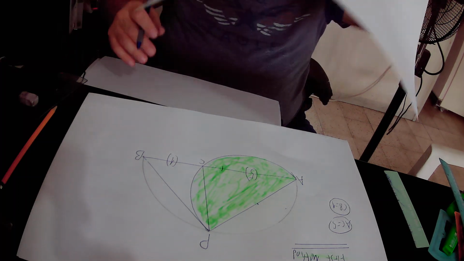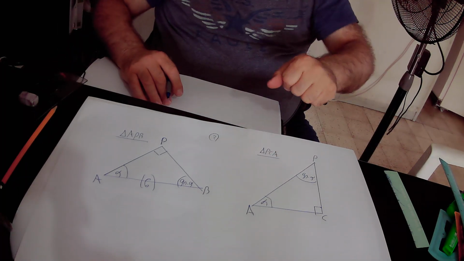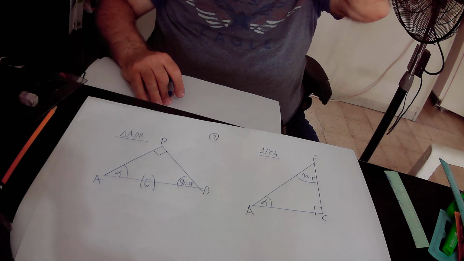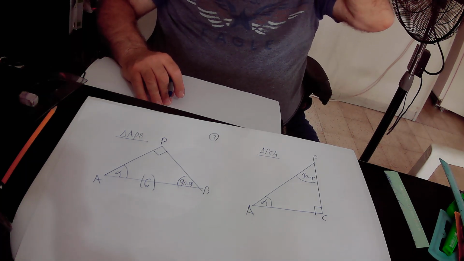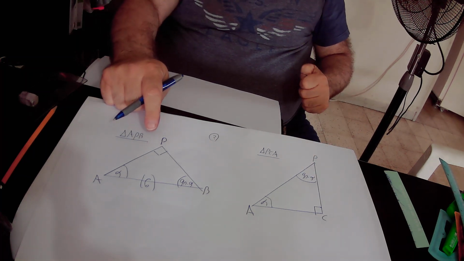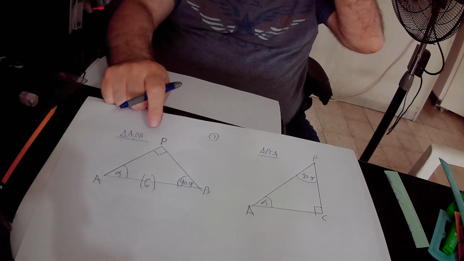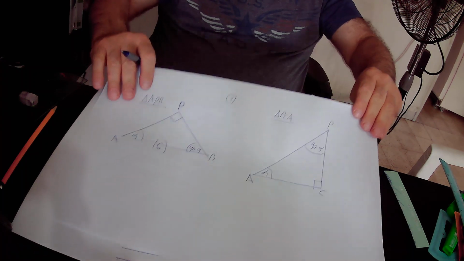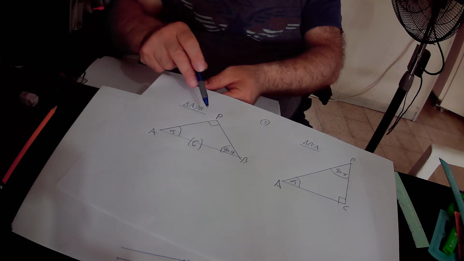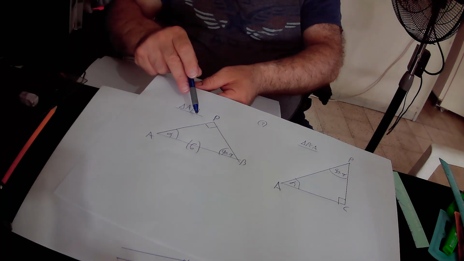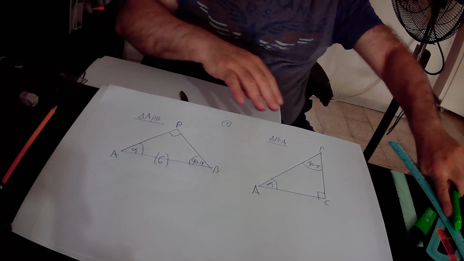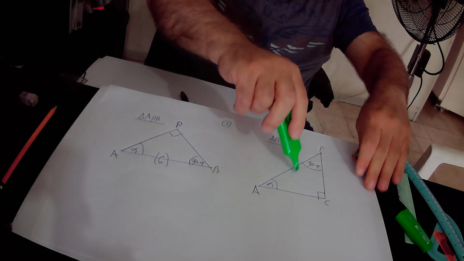So actually, those are the two right triangles that I copied from the original drawing. In the next step, we will prove that those two right triangles are similar to each other according to the angle similarity rule. This is the right green triangle APC.